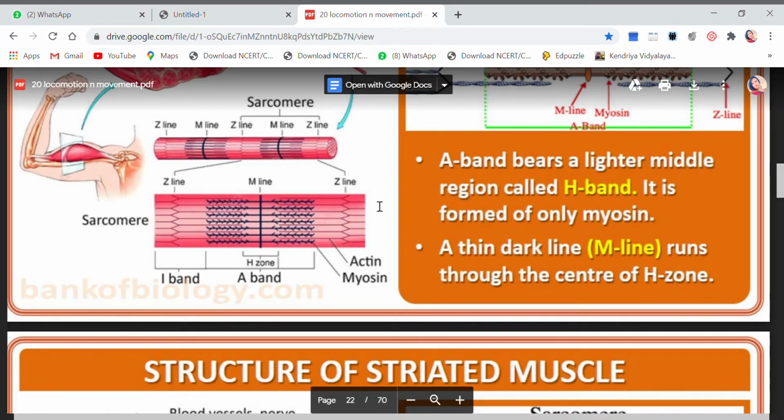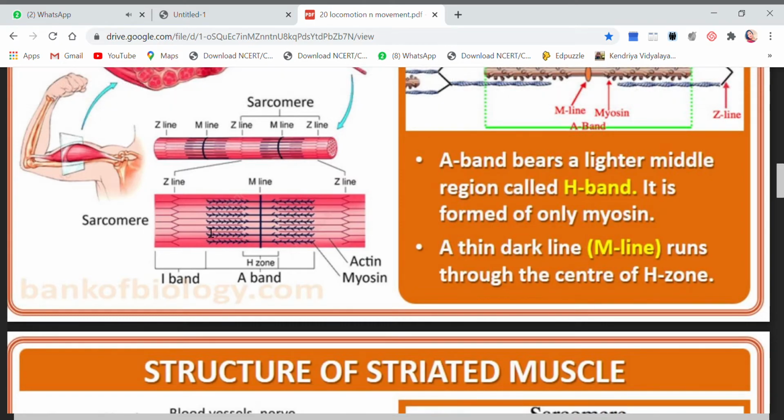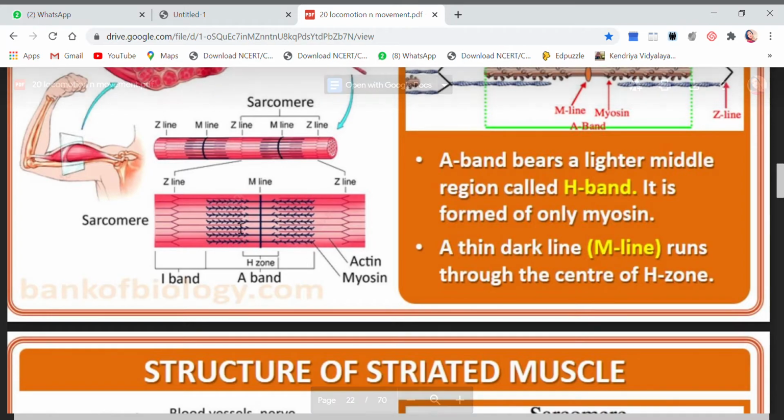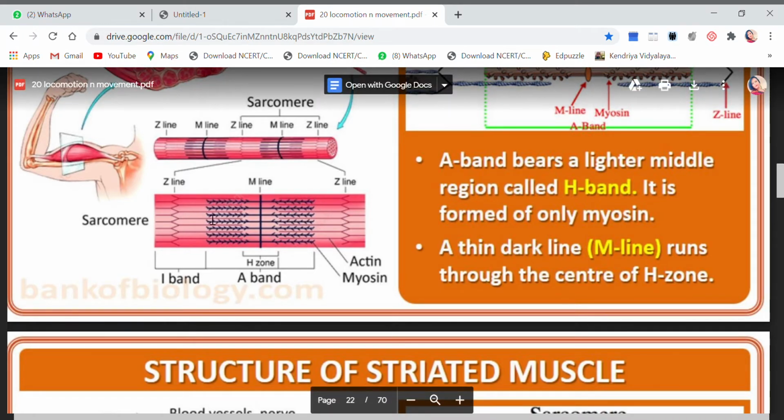Okay, so children, again I am revising it for you. Just see, this is the structure of a sarcomere. Sarcomere is divided into light and dark bands. This is light band, then this area is dark band, then again light band. The light bands are I band, and these are made up of only actins.